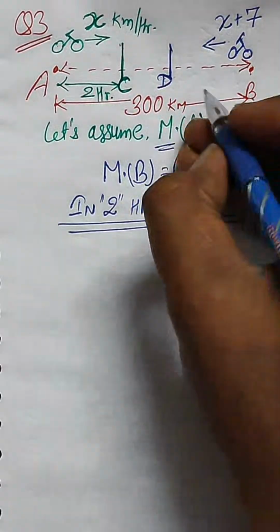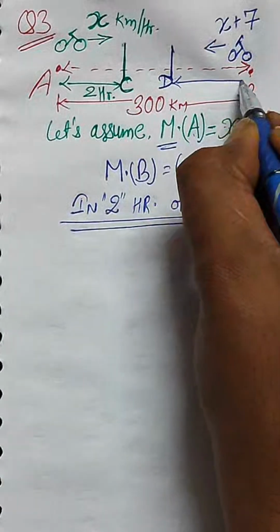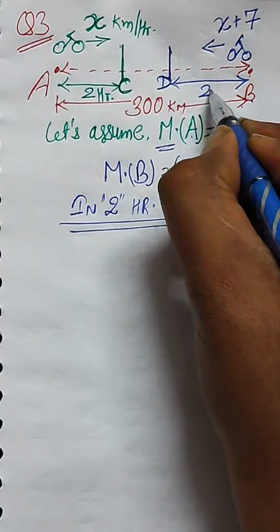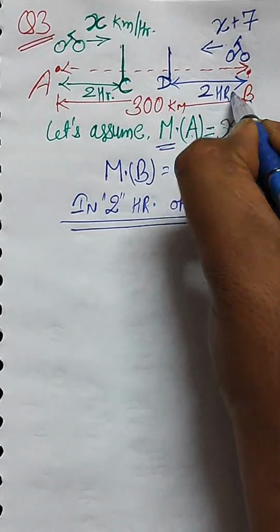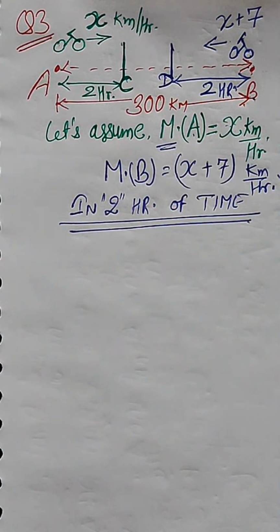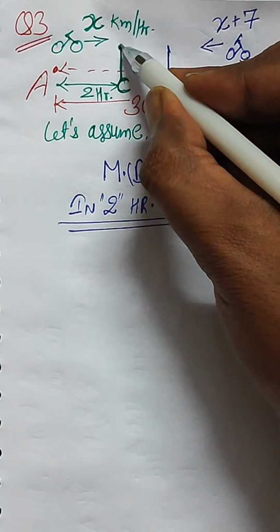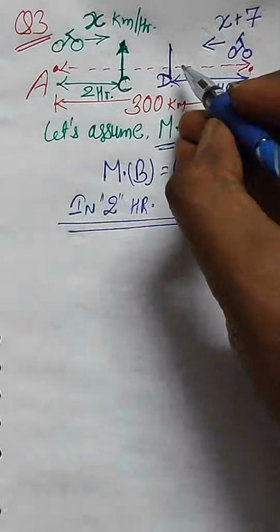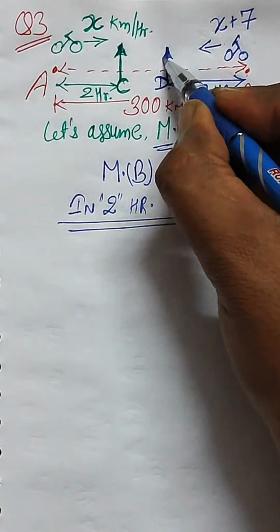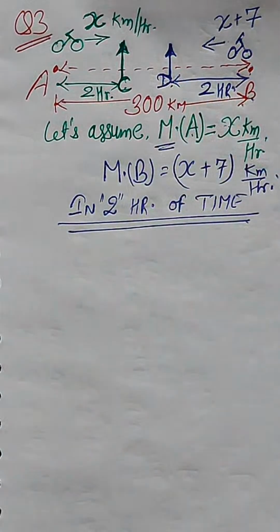And motorcyclist B also traveled for 2 hours, right? Now both of them reach C and D respectively. These are the new positions of motorcyclist A and motorcyclist B, that is C and D respectively.